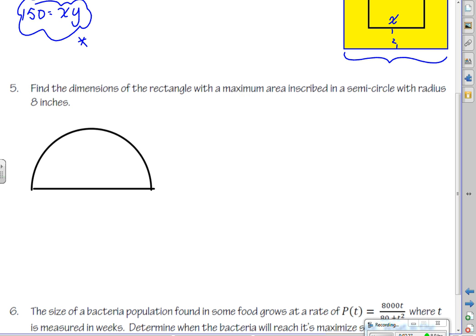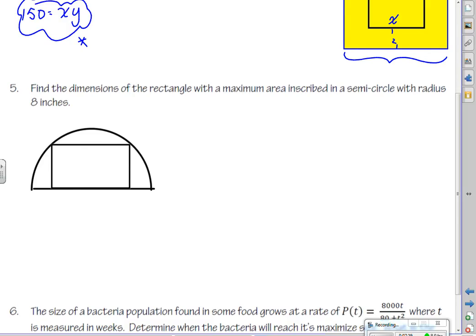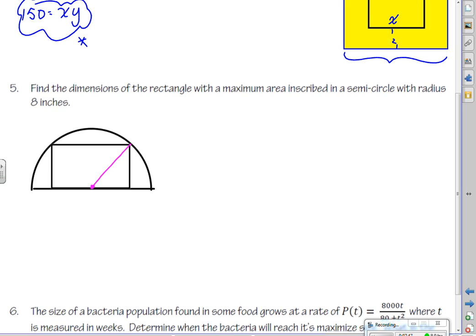Okay, so we want a rectangle sitting inside here, don't we? Something like that. We know where the center of our semicircle is, let's call it there. And it told us this was a distance of 8 inches. The radius of the semicircle was 8 inches. And since our rectangle is inscribed, that tells us these points have to coincide there. They have to intersect.